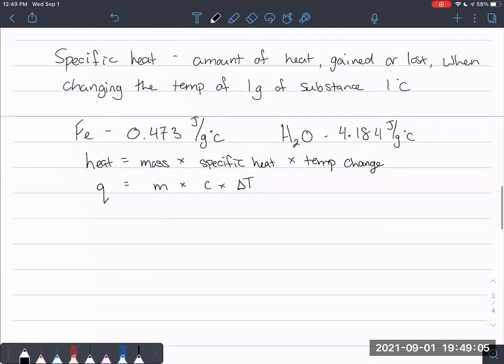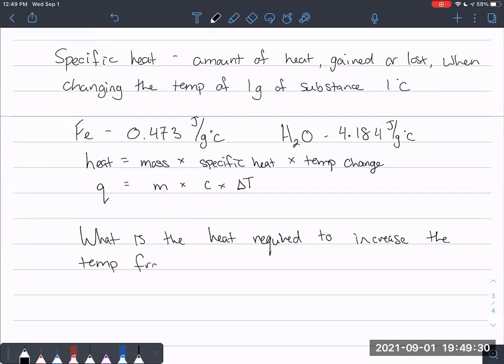So if we want to calculate the heat, we can ask ourselves, what is the heat required to increase the temperature of 125 grams of iron from 25 degrees Celsius to 100 degrees Celsius?